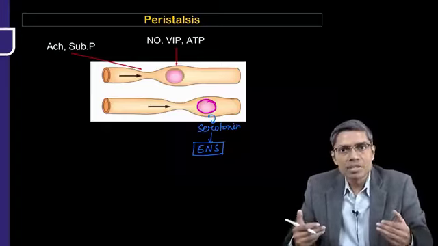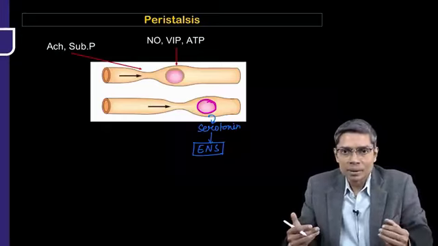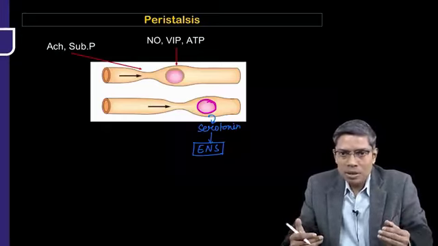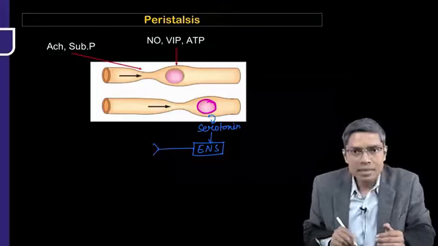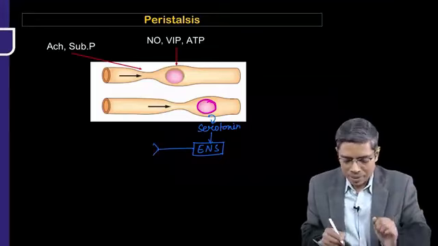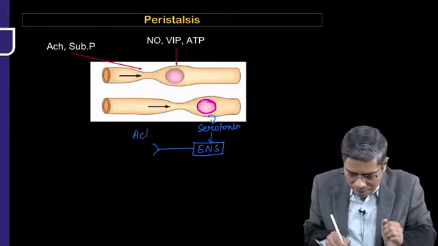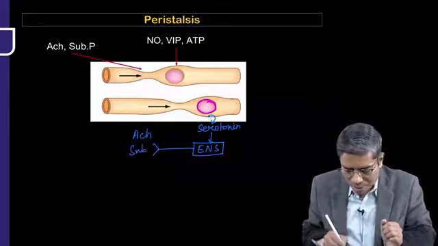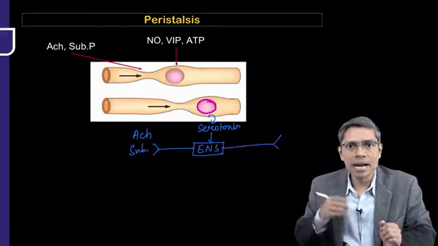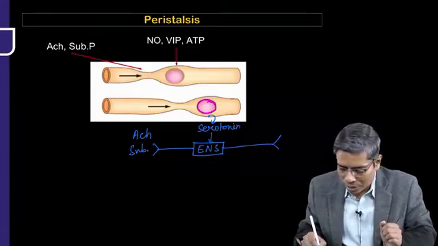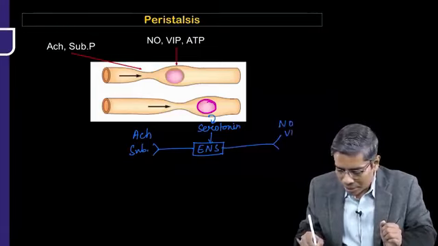So this enteric nervous system will be activated in such a way that the neurons projecting to the proximal part are going to release acetylcholine and substance P, and the neurons projecting to the distal or anterograde part are going to release nitric oxide, VIP and adenosine triphosphate.